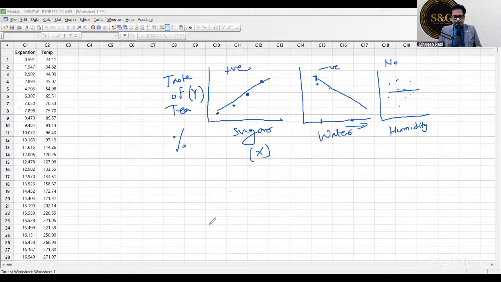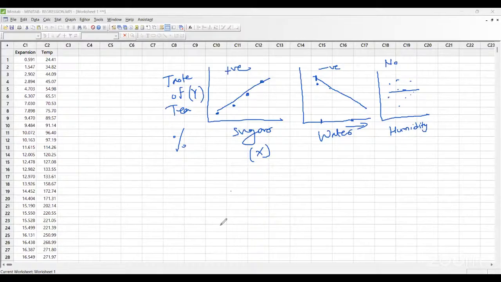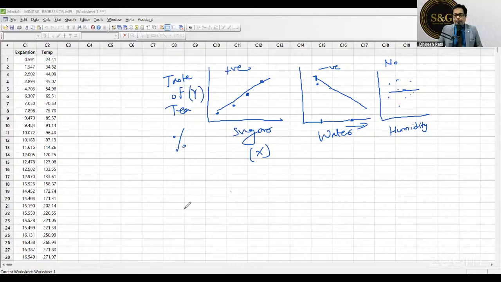Another example I can give is percentage marks and your study. Let's say X is your study time.